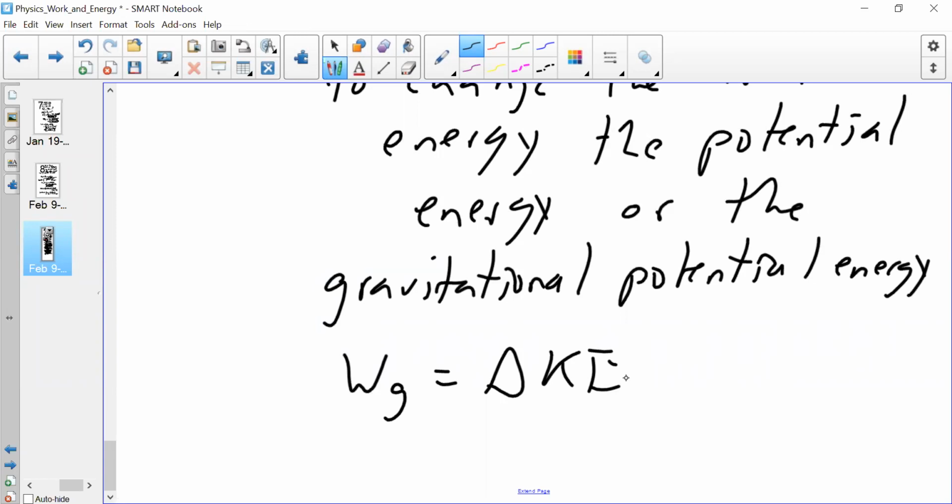So any force can change its kinetic energy. That force, or that work done by gravity, can also be associated with the change of potential energy. In other words, at that moment, the object stopped moving, but it has the potential to move. It has the potential to change the kinetic energy.